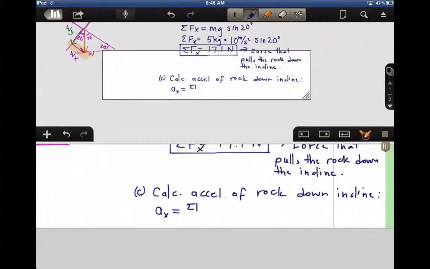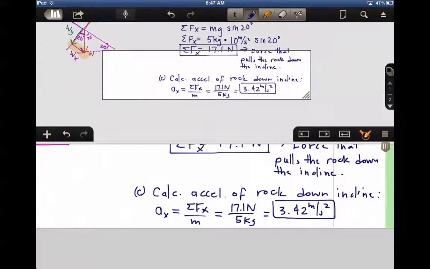That's going to be the net force in the x direction divided by the mass. We just calculated that net force at 17.1 newtons. The mass was 5 kilograms. So I get 3.42 meters per second squared is the acceleration down the incline.